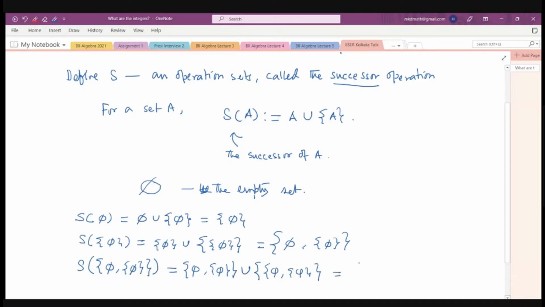Now, if you list the elements, I think I made a mistake here. I have to put another bracket. So list the elements. One element is this one, another element is this one. And here I have only one element, so this set contains only one element.